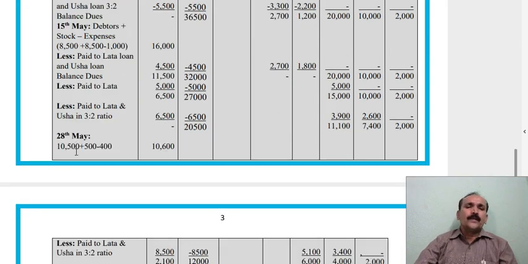On 28th May, next realization: 10,500 debtors, 500 stock, and expenses made 400. 10,500 plus 500 is 11,000, minus expenses 400, cash available 10,600.